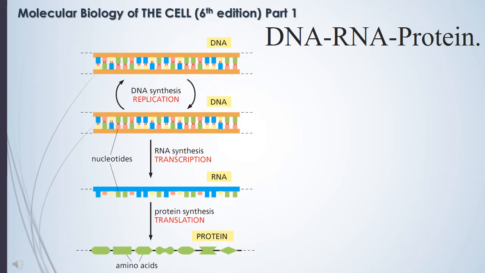So we have established how DNA is replicated. But the information in the DNA has to be expressed. And the DNA information, the genetic information, is expressed through generation of proteins or a sequence of amino acids. So we have a process of replication, which is copying of DNA.